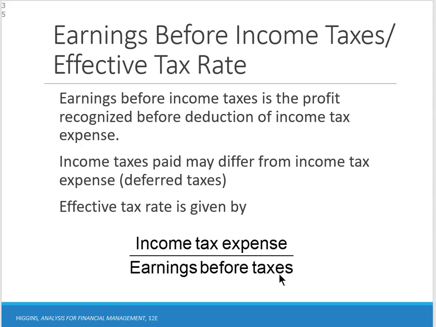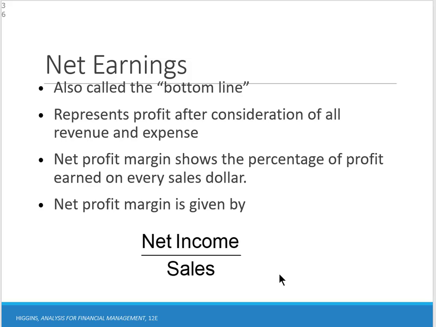And we're not going to talk much about taxes in these videos, but the tax code is pretty specific. Once you get over about $20 million in profits, which isn't a very big company, everybody pays the same kind of federal tax. Now, net earnings, the bottom line, is net income divided by sales.